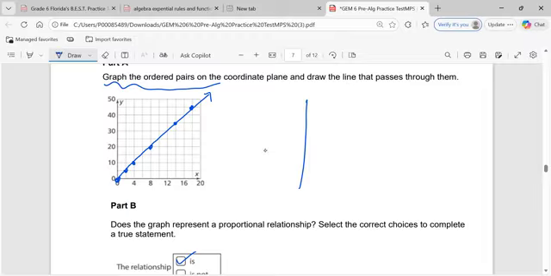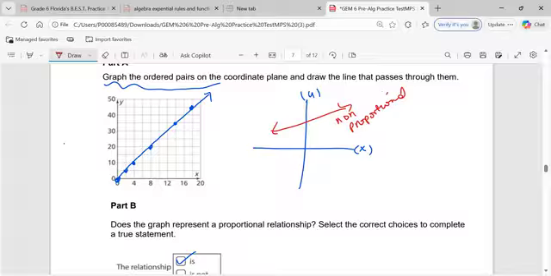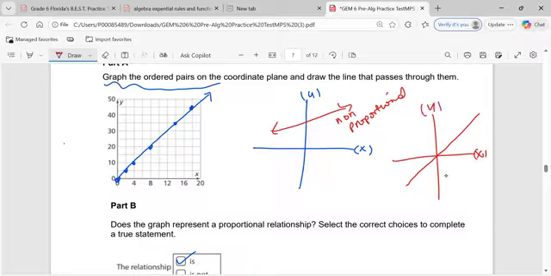If I had a graph, this is my X and this is my Y, and the line was this red one going through, that is not proportional because it does not go through 0, 0. So that's non-proportional. If you have the graph and the line goes directly through 0, 0, this is proportional.